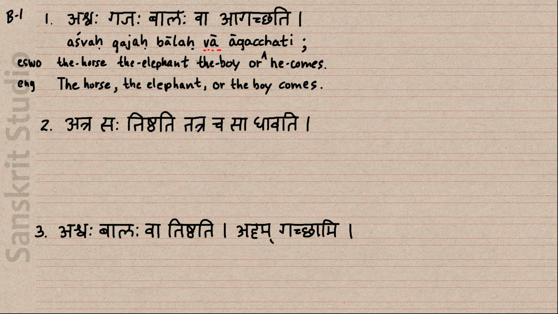So either of these terms. If it is the fact that the elephant, for instance, is the one, then he comes, right? Or the horse, and then the horse comes. Or it could be the boy comes. But in either case, we always end up with a singular ending here.